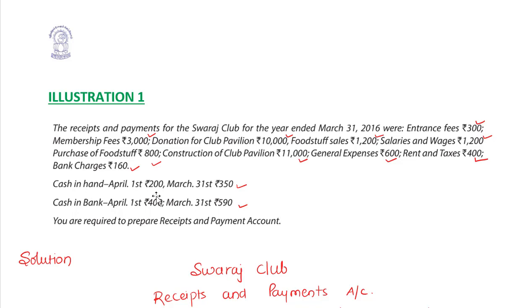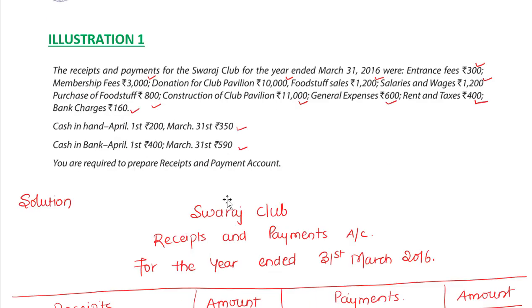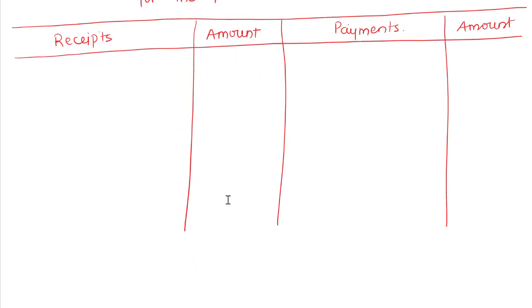To balance brought down: 200 cash balance and 400 bank balance. This is the opening balance of cash and bank.